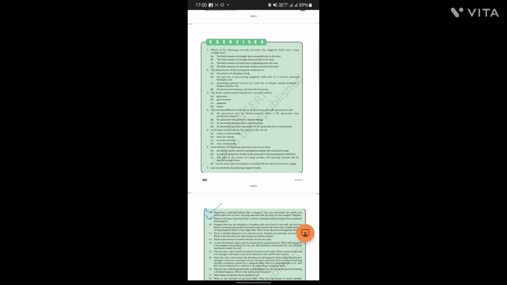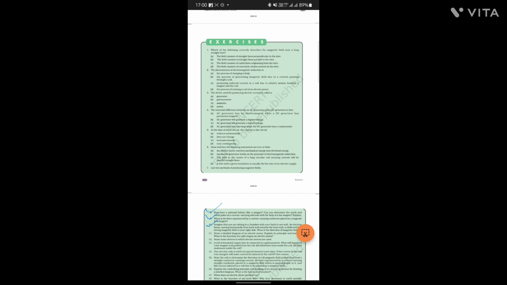Look, this question number 9 that I explained just a few minutes back, about when the force is maximum on a current carrying conductor. That's one. Next, question number 10 becomes important.